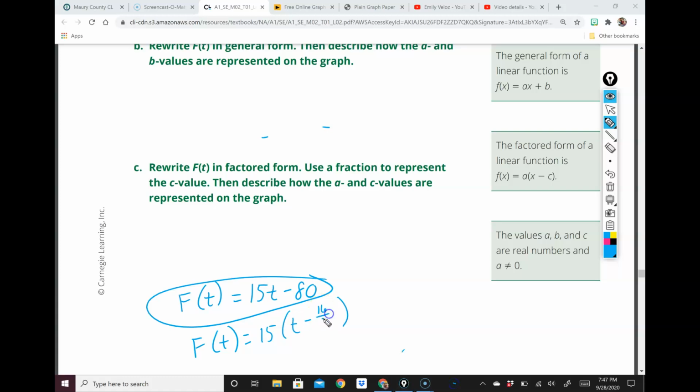So 16 over 3, or 5 1/3, is my x-intercept. That's my c. 15 is still my a.